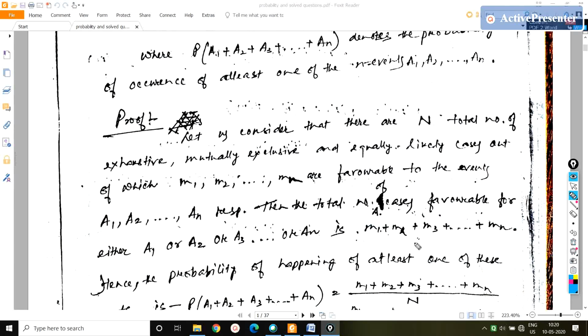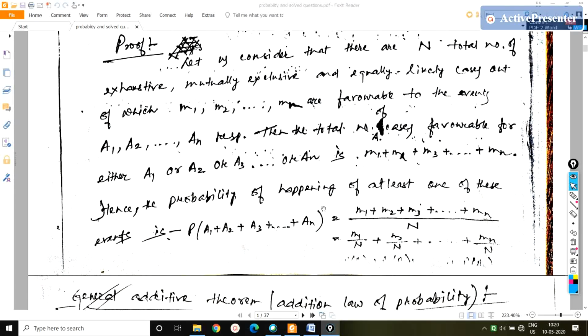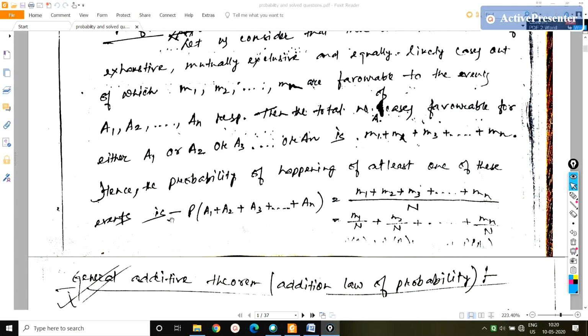Then the probability of happening of at least one of these events, that is either A1 or A2 up to An, is written as P of A1 plus A2 plus A3 plus An. As per definition, probability is the number of favorable cases divided by the total number of cases.